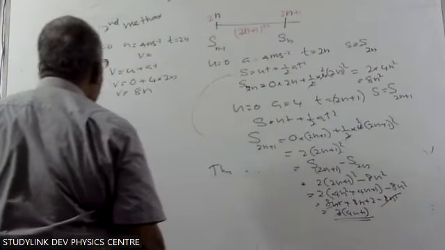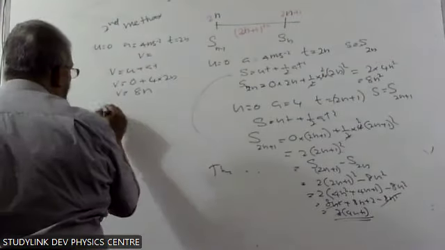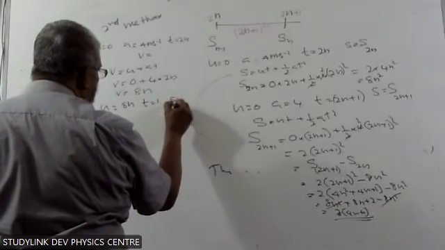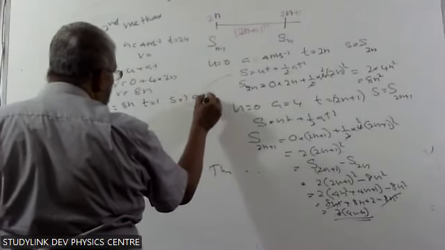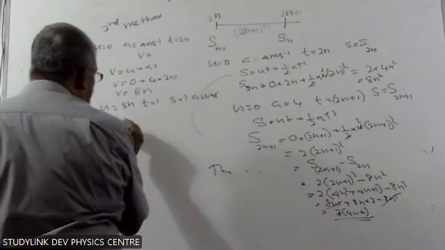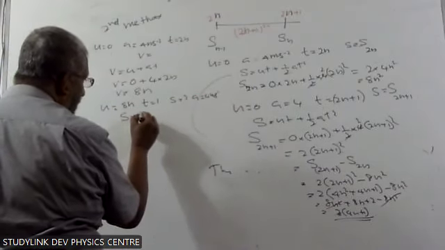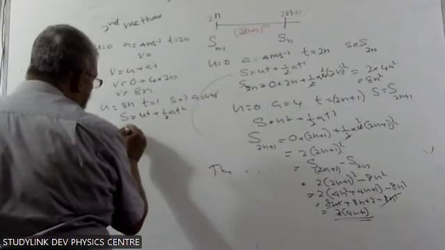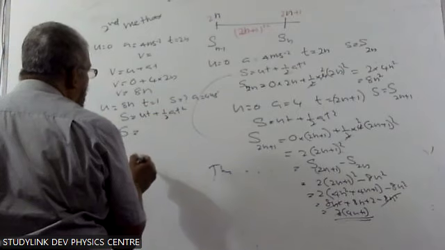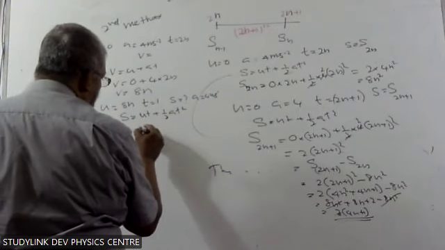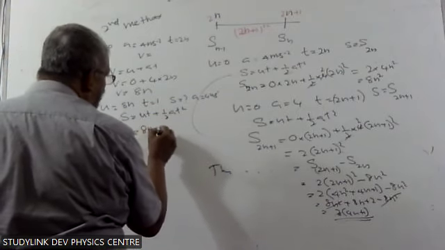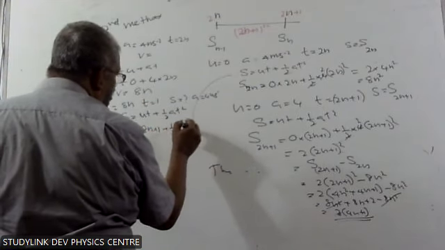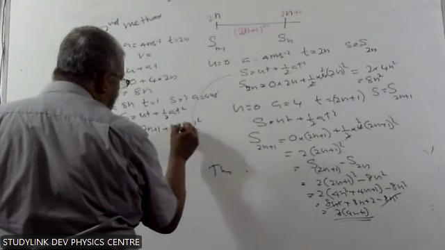Then after that, from there, 1 second. U is equal to 8n, t is equal to 1, s is unknown, a is 4 m/s². Then s is equal to ut plus half a t squared. From that, s is equal to 8n into 1 plus half into 4 into 1 squared.